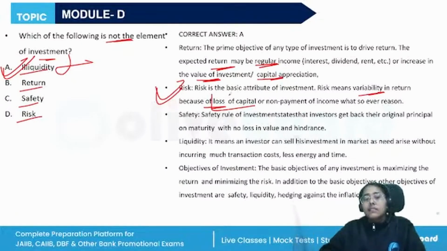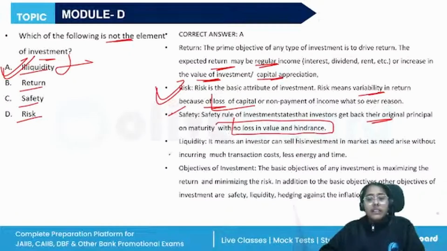But again, risk will mean the loss of capital or non-payment of the income, right? Then we have safety. The investors want that at least the original principal on maturity should be received with no loss in value and hindrance.